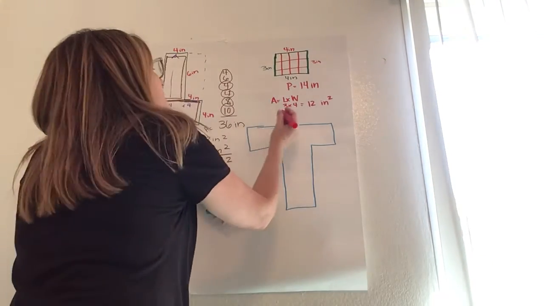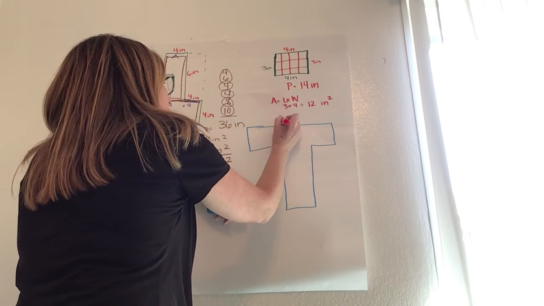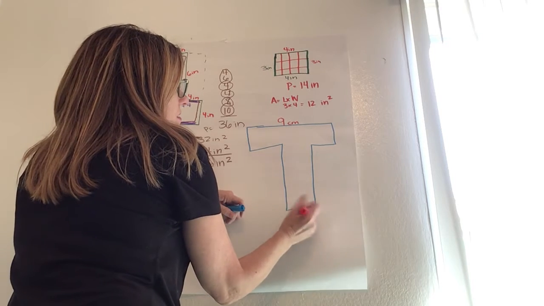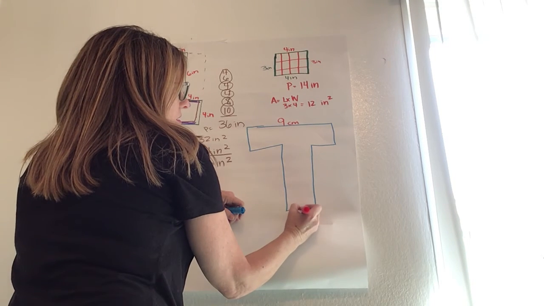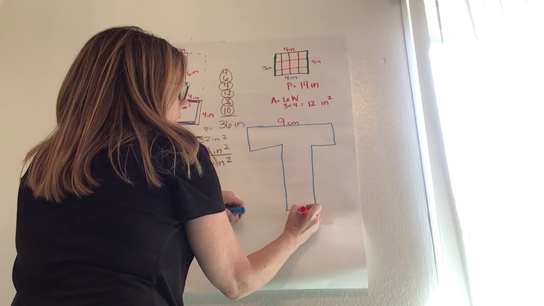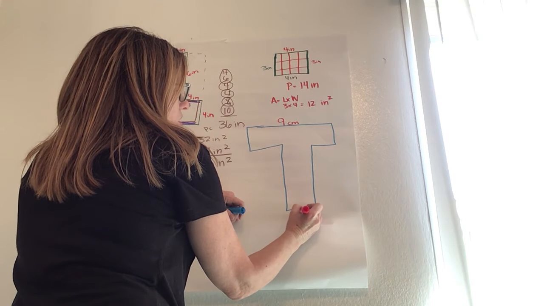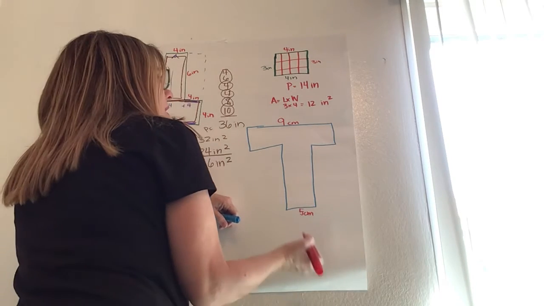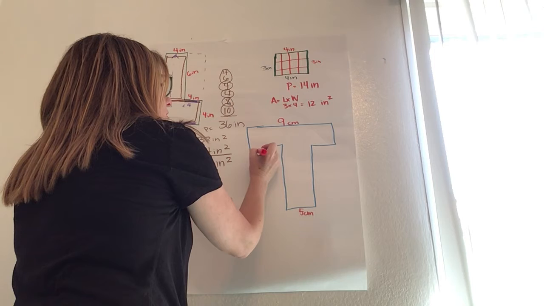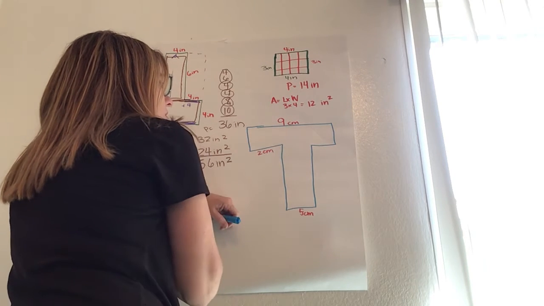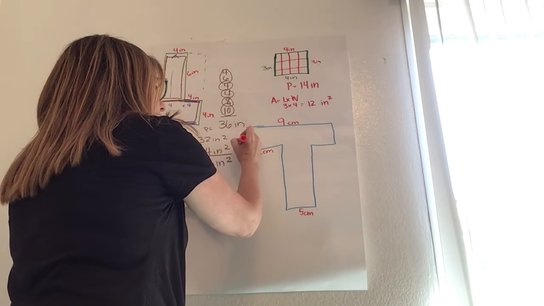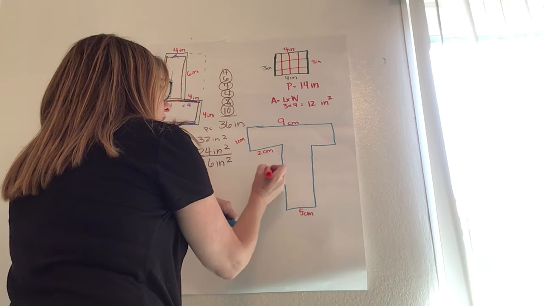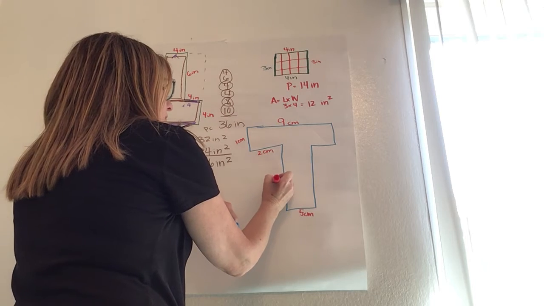Let's say this is 9 centimeters, and this is 5 centimeters. Okay, and this is going to be 2 centimeters, okay, and this is 1 centimeter, and this is going to be 7 centimeters.